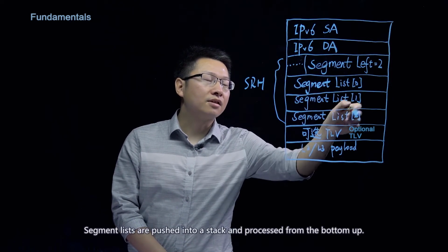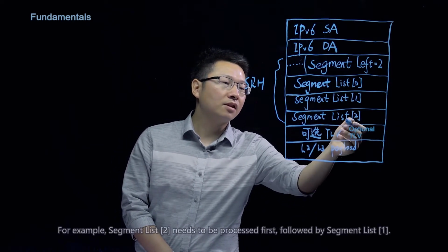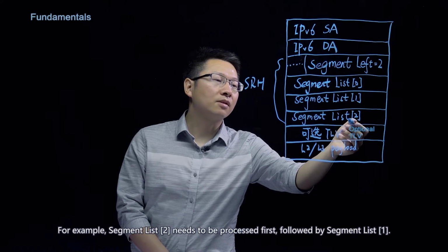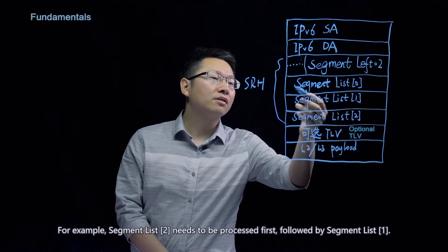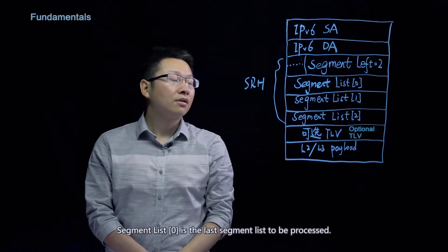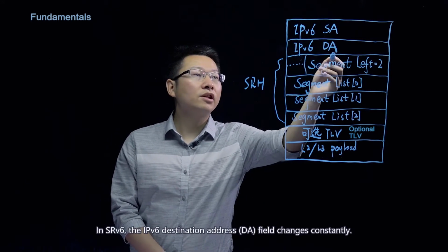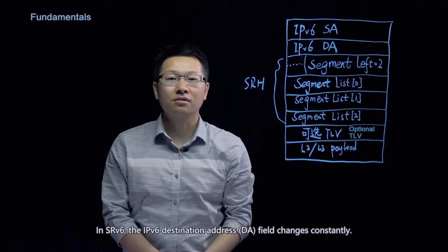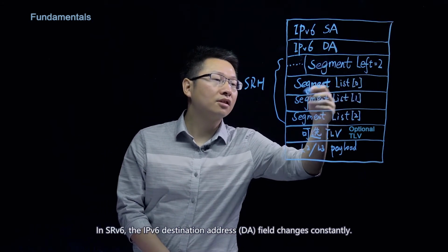Segment lists are pushed into a stack and processed from the bottom up. For example, segment list 2 needs to be processed first, followed by segment list 1. Segment list 0 is the last segment list to be processed. In SRv6, the IPv6 destination address, or DA, field changes constantly.